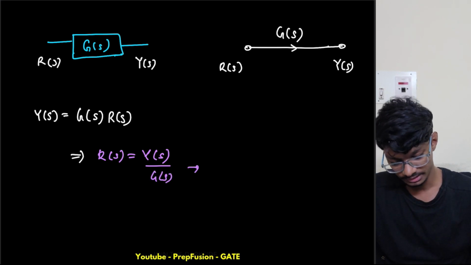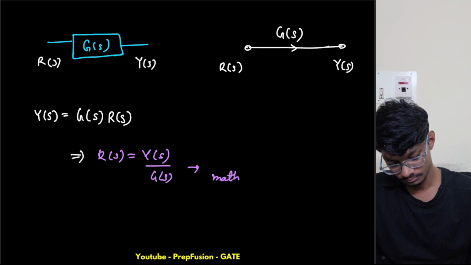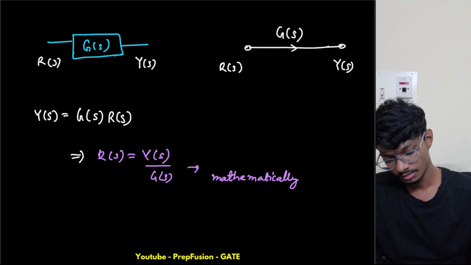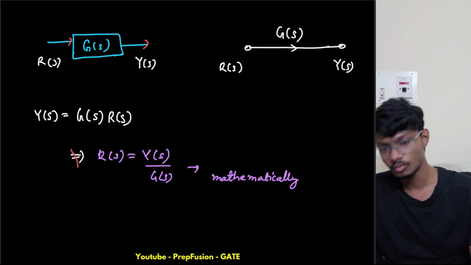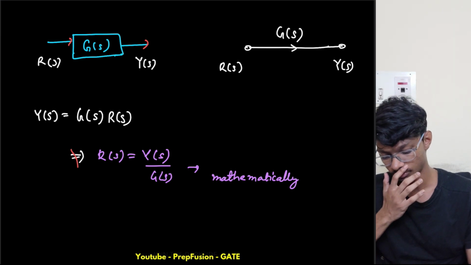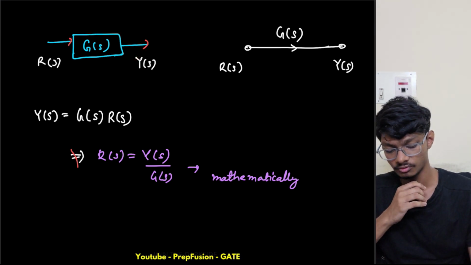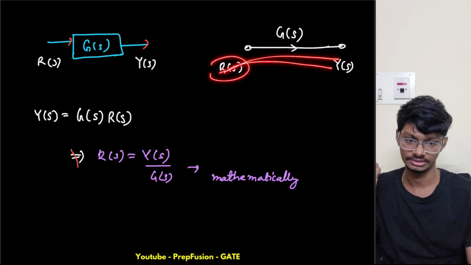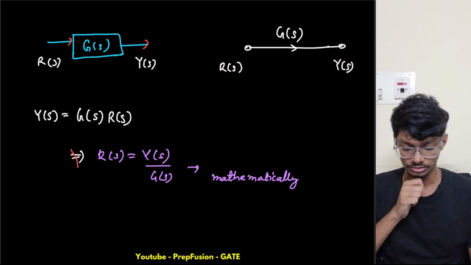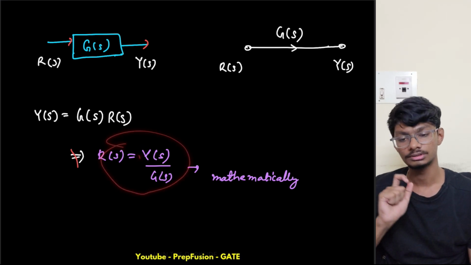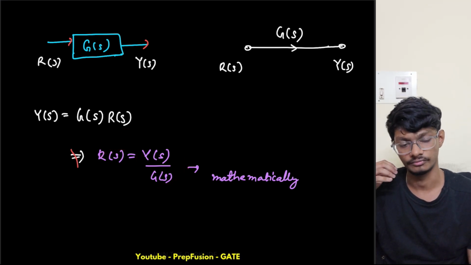This is mathematically correct, but it is not equivalent, because I forgot to put a direction here, and we can't go against the direction. We can only go from R to Y. We can't go in the reverse direction. So this is mathematically correct, but in reality we can't define this.